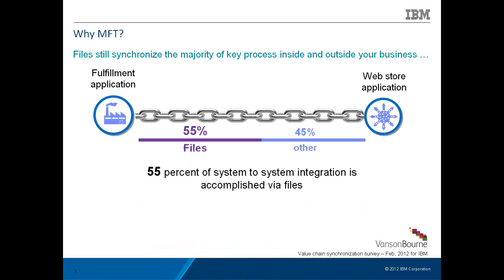We have also seen through a survey that approximately 55% of these data exchanges happen through files, and hence if there are any failures in delivering these files to the destined system or partner or application, whatever it could be, the process that depends on the file actually fails.